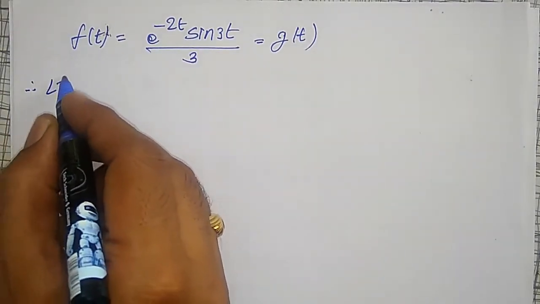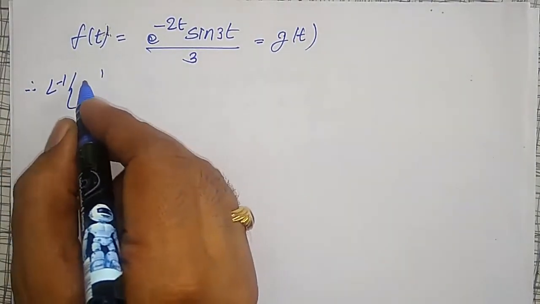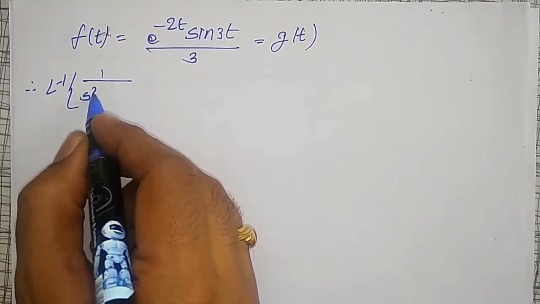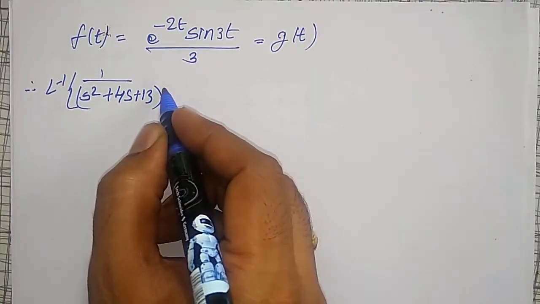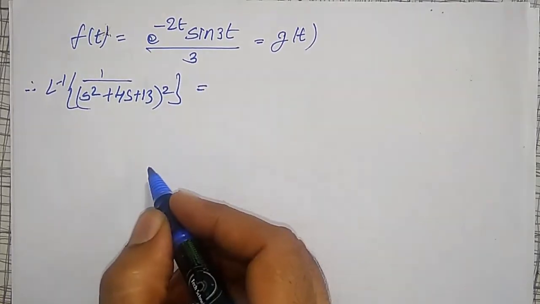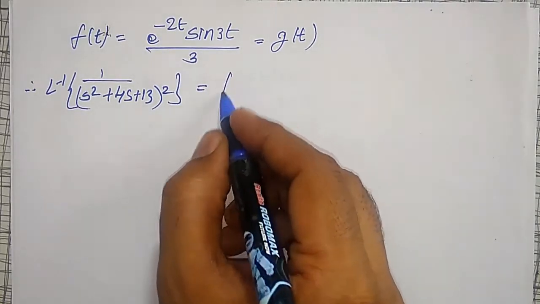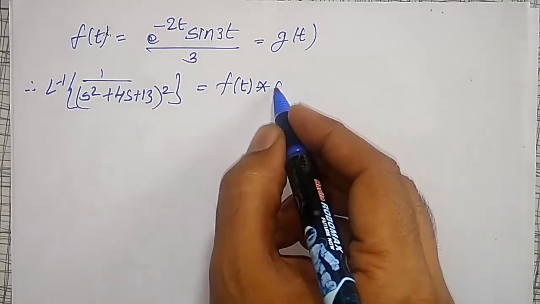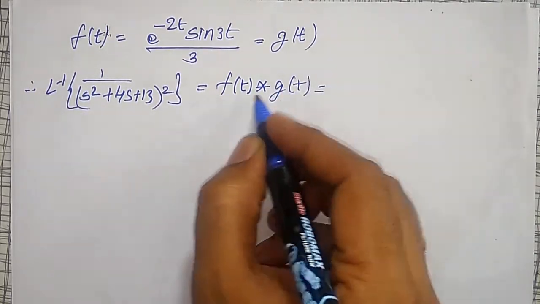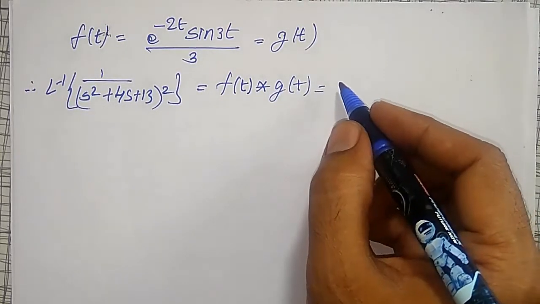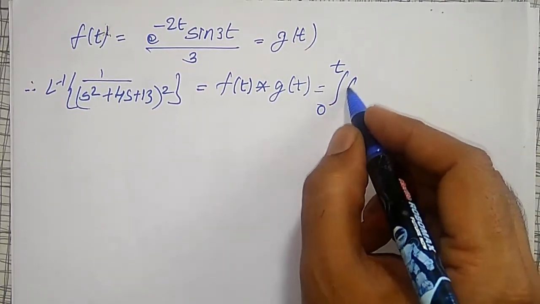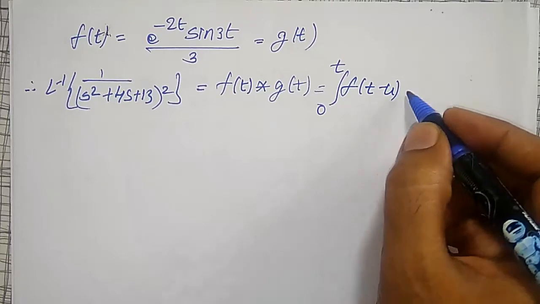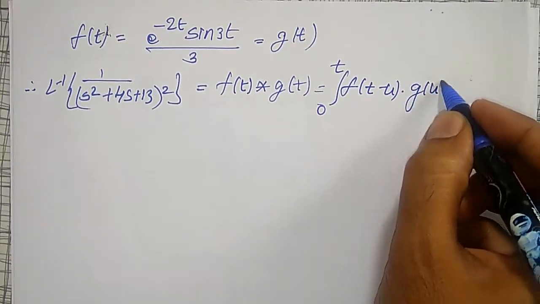Therefore, inverse Laplace transform of 1 divided by s square plus 4s plus 13 whole square must be equal to convolution f of t convolution g of t, and f of t convolution g of t is defined to be integration from 0 to t f of t minus u into g of u du.